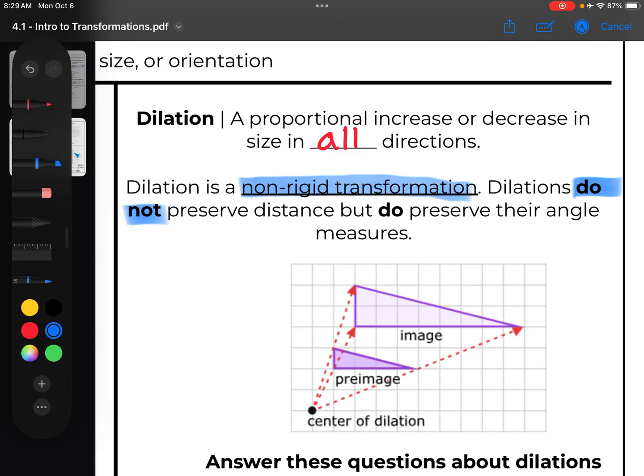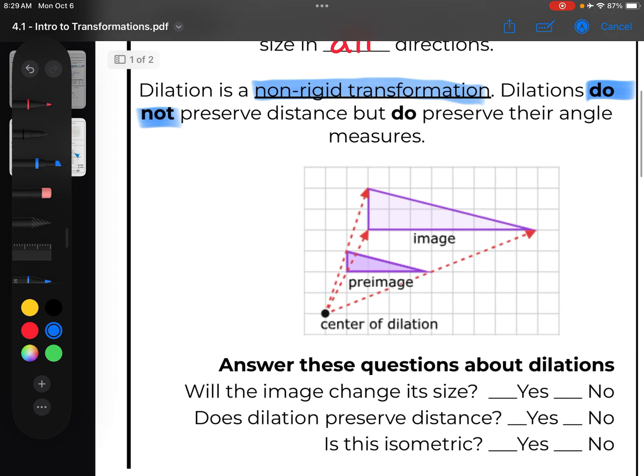A good real-world example of a dilation is a small stop sign in a parking lot, and on the main road, you see a larger stop sign. They are exactly the same shape because the angles are the same. However, the size of each side is different because it is dilated, either bigger or smaller.